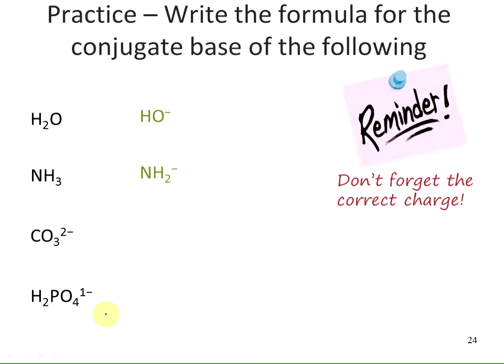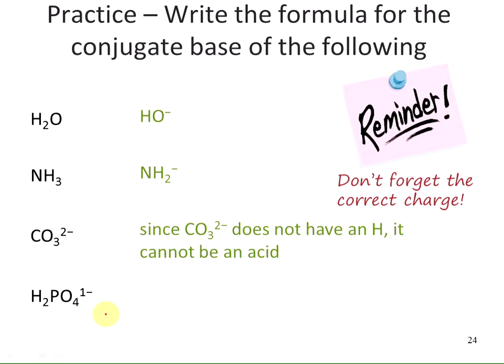Now notice with the CO3 2-, there are no protons to remove. So since it does not have any protons or hydrogens, it cannot act as an acid. And if we're removing a proton from the H2PO4-, this would make HPO4 2-. So make sure you balance out those charges on the molecules.